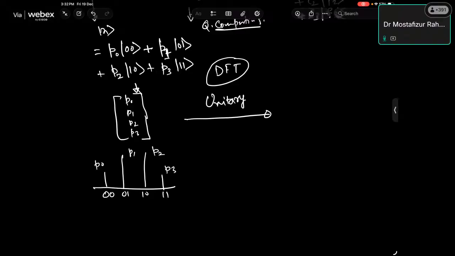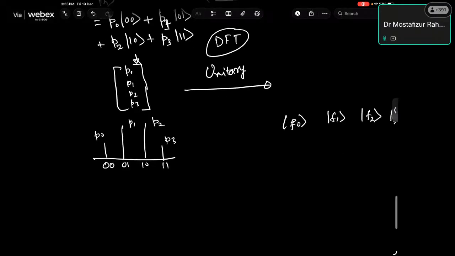So what I get typically is that instead of this basis set |00>, |01>, |10>, |11>, I have a Fourier basis set. The basis set can be say ket F0, ket F1, ket F2, and ket F3. This is my representation.